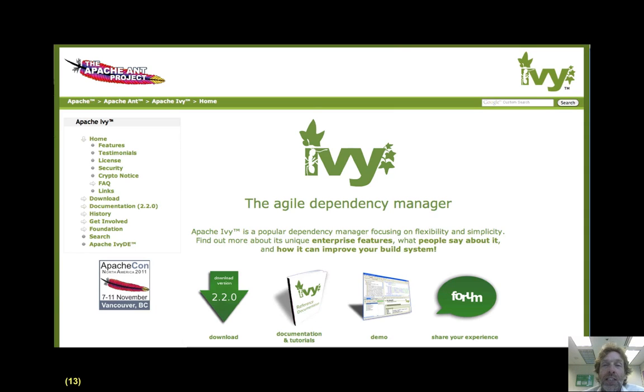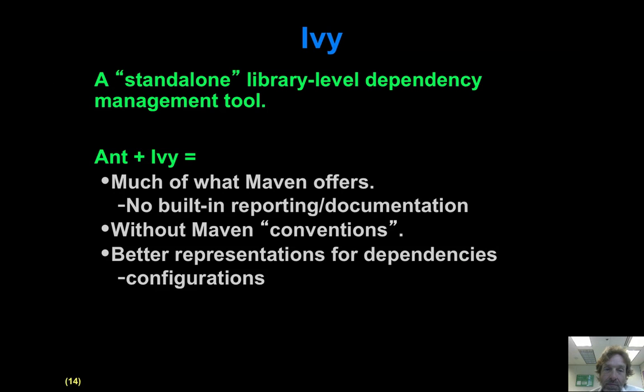And the Ivy guys said, listen, dependency management is an interesting problem in its own right. Let's solve that problem well. And then anybody that needs just dependency management can get it. They don't have to get everything else that Maven introduces, if all they want is the dependency management component.